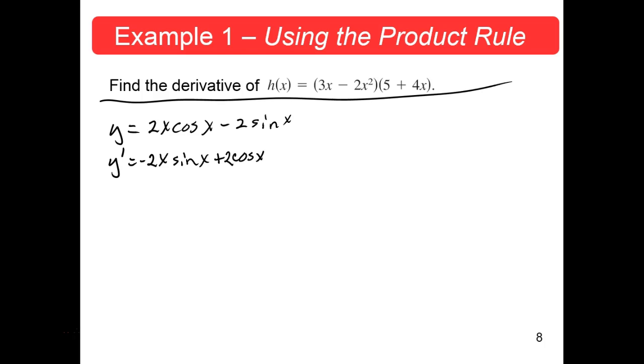Just take the derivative of that. And what do we get? Negative 2 sine, not sine x, cosine x. Okay? Because 2 is just a constant. If you're taking derivatives of a constant times a function, it's just a constant, negative 2, times the derivative of the function. Derivative of sine is cosine.